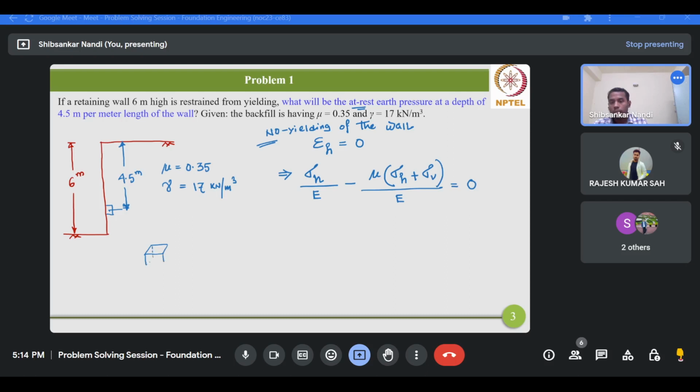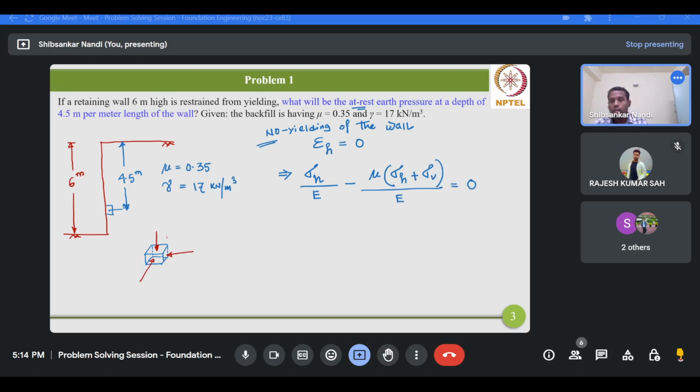So here basically a soil element of this type is considered. Since this is a two-dimensional view, as you can see, this soil element is subjected to three stresses along three directions.